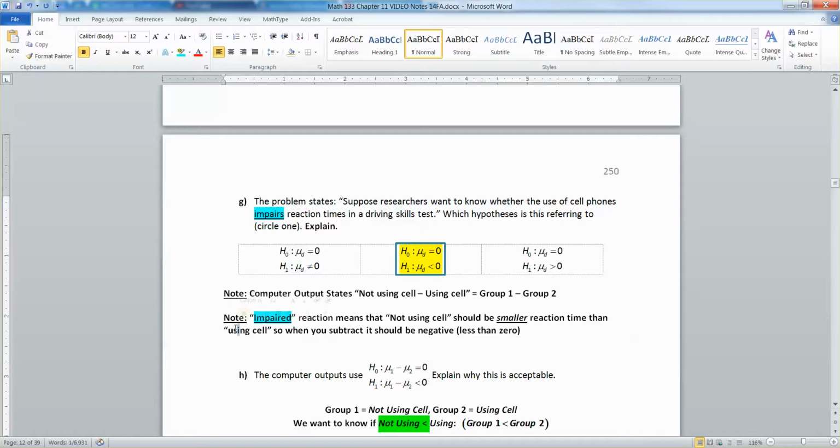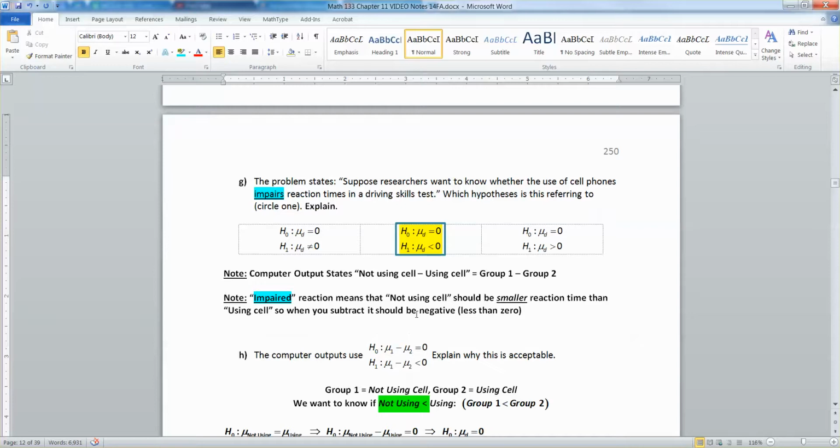Okay, so that means when you subtract, you should get a negative value, right? In other words, the group 1 number, not using the cell, you should be able to do this reaction on this driving test faster than when you're using the cell. If this number is smaller, takes you less time, then this number, which is bigger, takes you more time. Smaller number minus bigger number means negative, right? It should be negative, less than 0. And that's where that comes from.